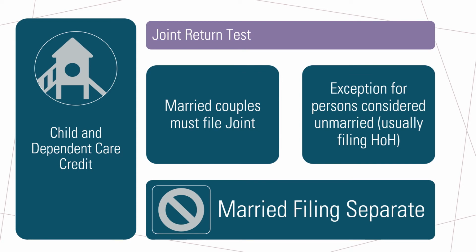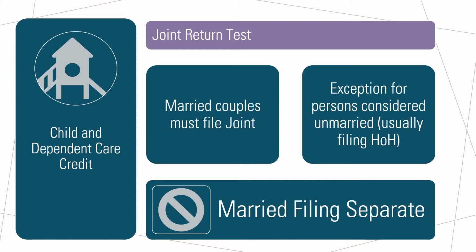The joint return test says that married couples must file joint in order to claim the child and dependent care credit. The exception is for persons considered unmarried, which we talked about before in our filing status lesson. Under certain situations, a married person would be considered unmarried if they haven't resided with their spouse for over 6 months.